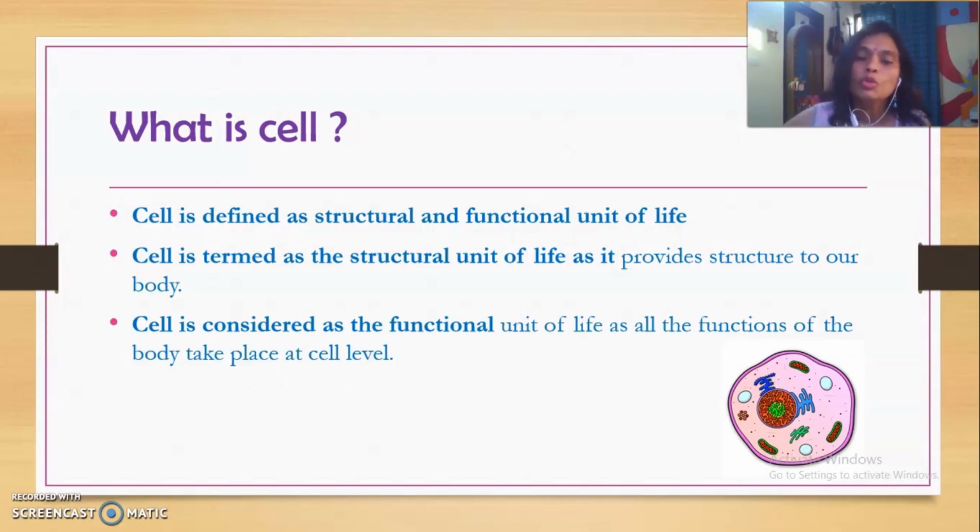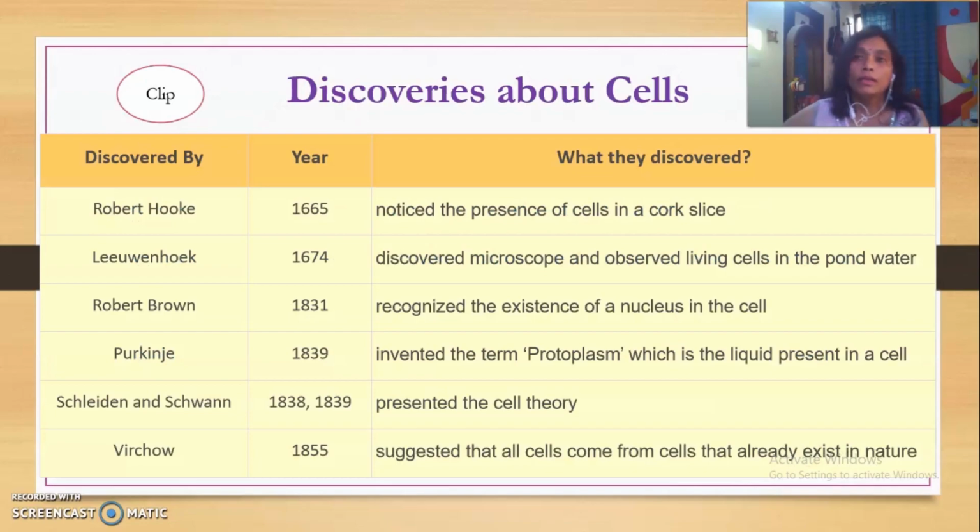Next we move on to certain facts regarding the discoveries done in the field of the cell. The cell was first discovered by Robert Hooke. He actually saw that cell in a cork, or in other words, he saw a dead cell. The term cell was coined by Robert Hooke only.